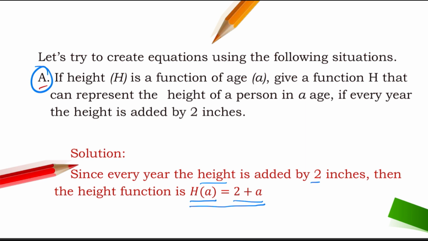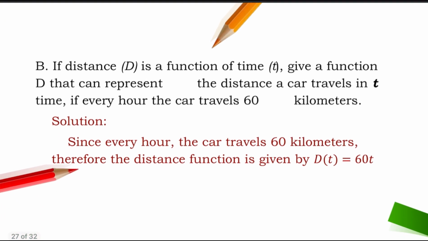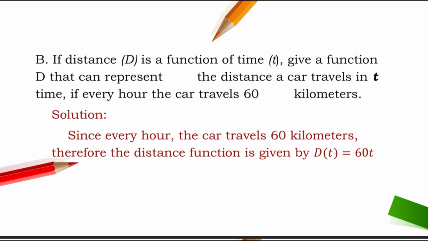Okay? Next, situation B. If distance is a function of time, give a function d that can represent the distance a car travels in t time, if every hour the car travels 60 kilometers.